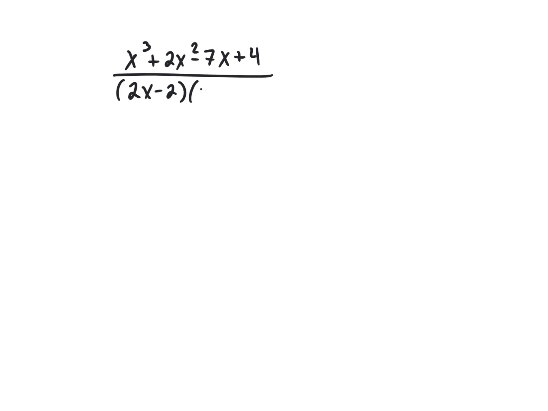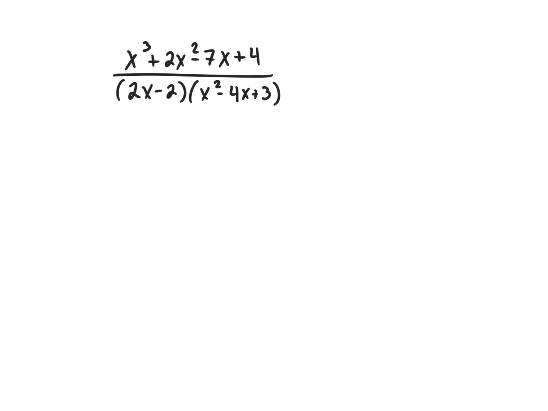I'm going to go ahead and write the new numerator that we have so far. So x cubed plus 2x squared minus 7x plus 4 over the big denominator that we had, which was (2x minus 2)(x squared minus 4x plus 3).